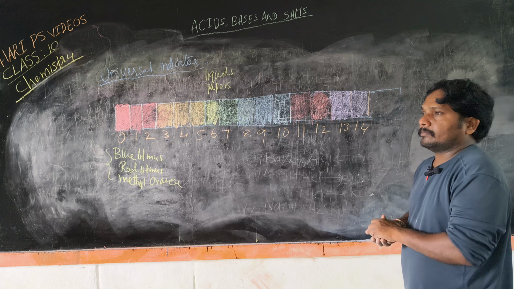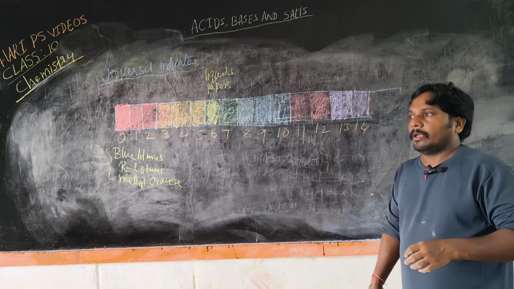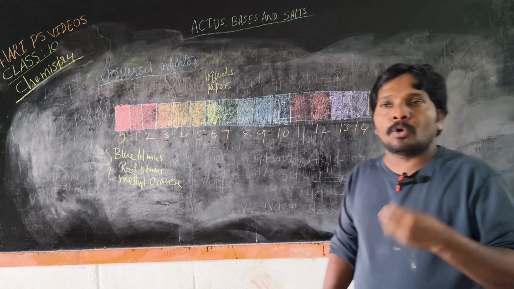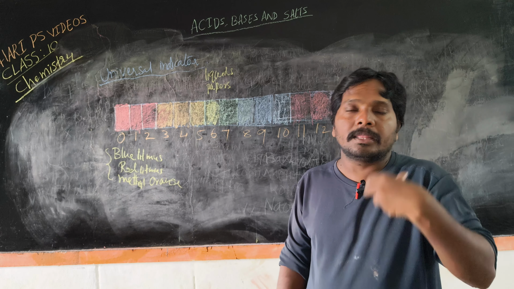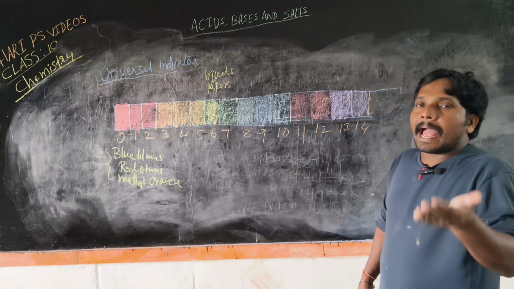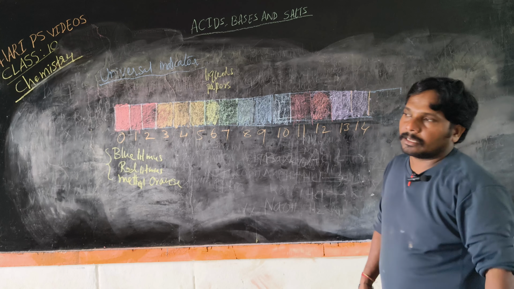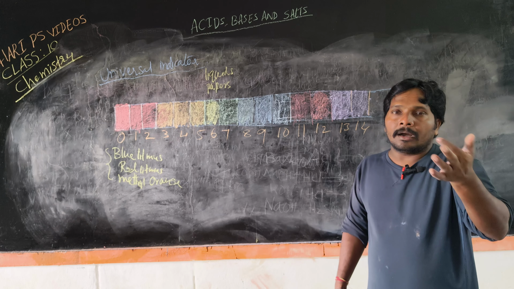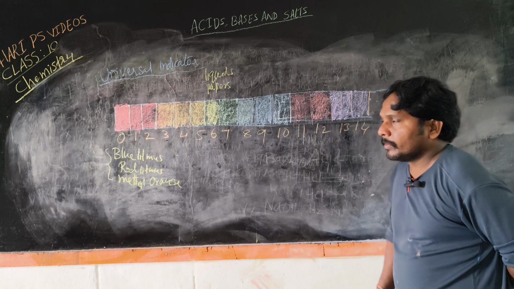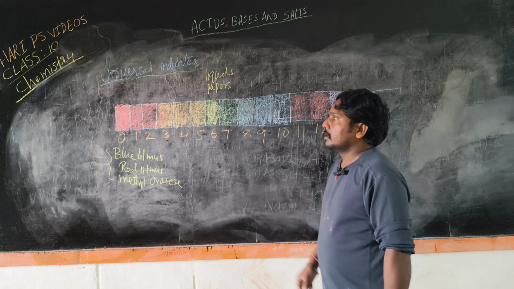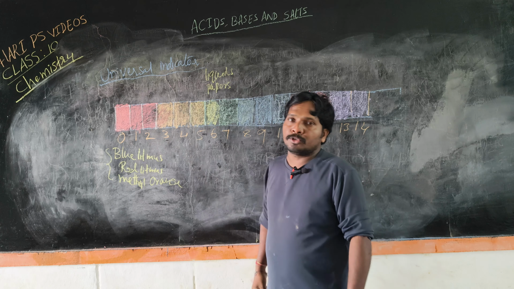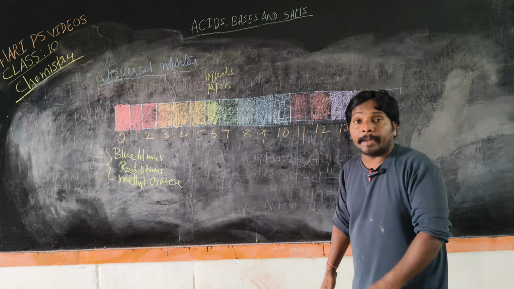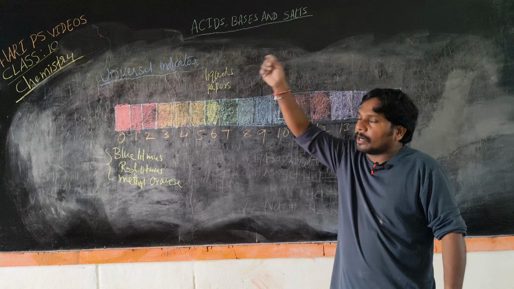So if we want to test whether a substance is of acidic nature or basic nature, and we want to know whether the given acid, for example, is a strong acid or weak acid, or we want to know the strength of the base, like strong base or weak base, simply we have to drop the given solution on the pH paper, that is the universal indicator.